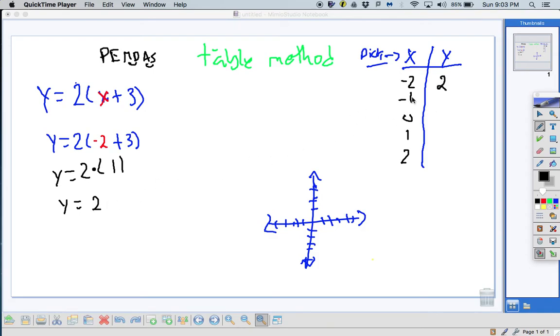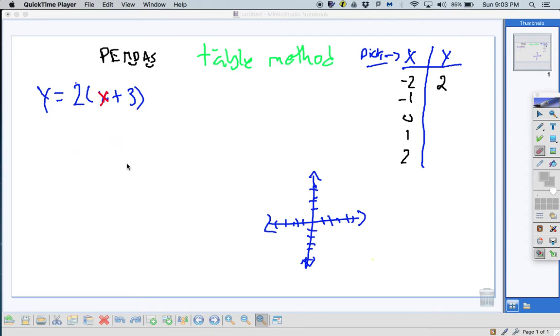All right, and we're going to continue to do that until we have every single one of these x's with an associated y. So I'm going to go ahead and erase that, and we're going to do it again. Again, we're going to rewrite y equals 2, parentheses, with the plus 3. In this case, instead of x being -2, we're going to pick -1, and now we're going to solve.